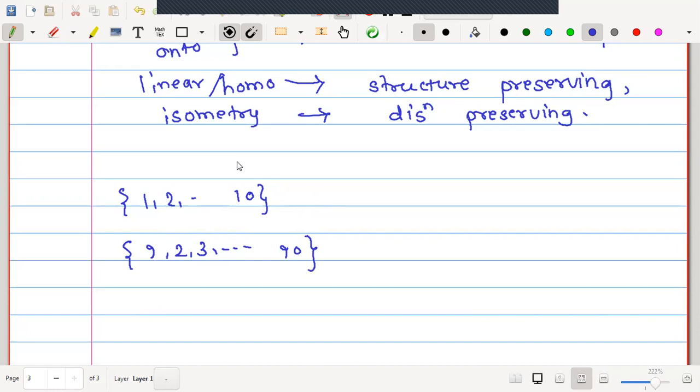Now, what are the rest of the properties? The count is 10. If I write 1 plus 2 is equal to 3 in the first set, what is the corresponding element of 1 in Marathi numerals? It is ek. The corresponding element of 2 is don. Therefore ek plus don is 3. These are corresponding elements.